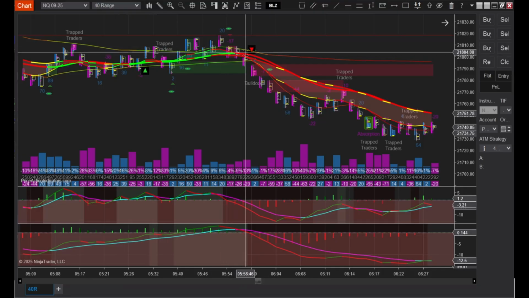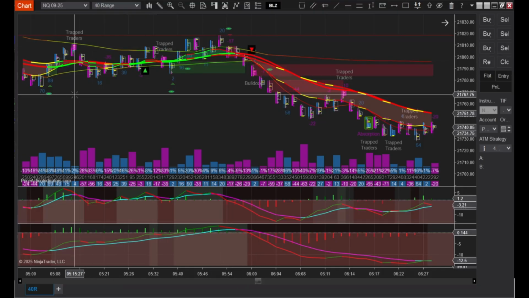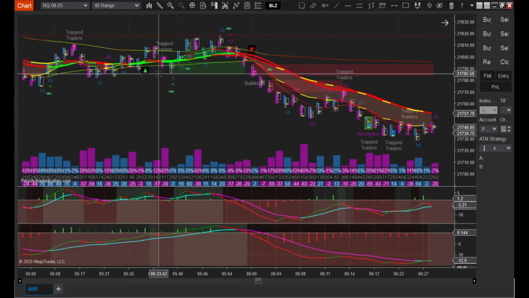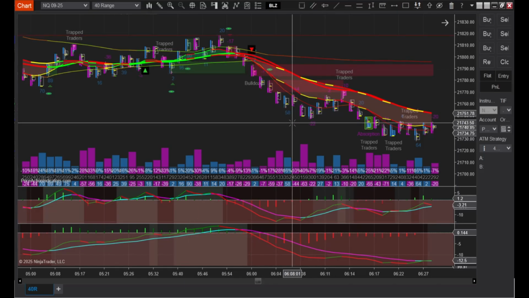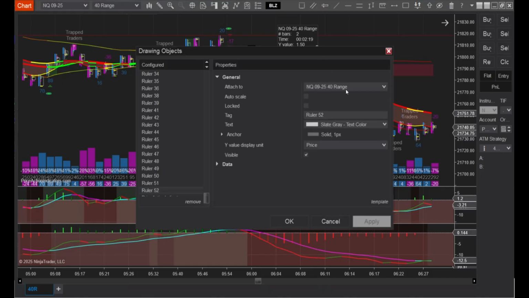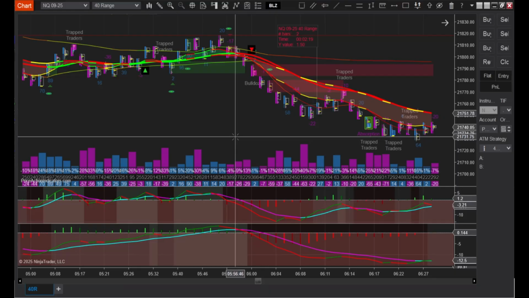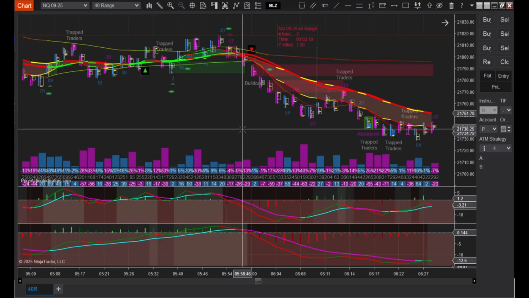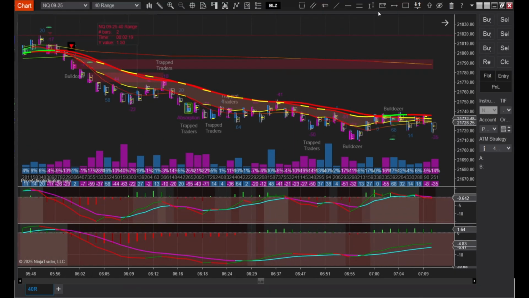Everything's looking rather good. Tried breaking down, tried breaking down, tried breaking down. If you waited on this one, this here was an entry. This was a break even. Actually, small loss. But that's the key to this. It gives us small losses and allows us to capitalize on the larger wins.